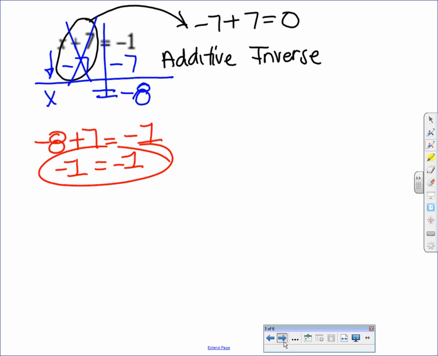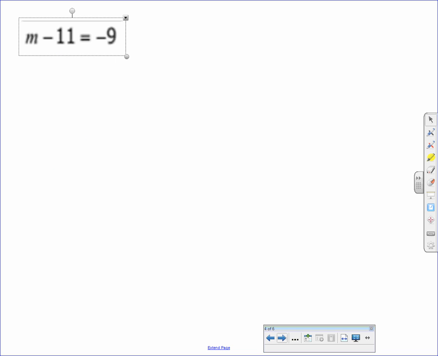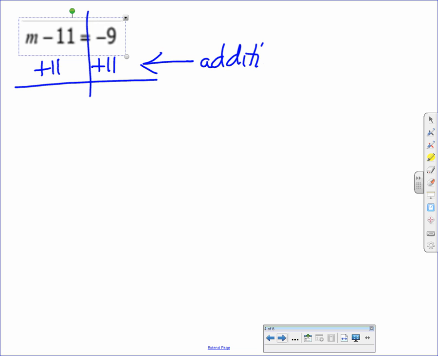Okay, and let's look at another one. This time we have m minus 11 equals negative 9. So the opposite of subtracting 11 would be adding 11. And once again, we're using the additive inverse. Bring down your m. Negative 11 plus 11 equals 0, so cross it off.